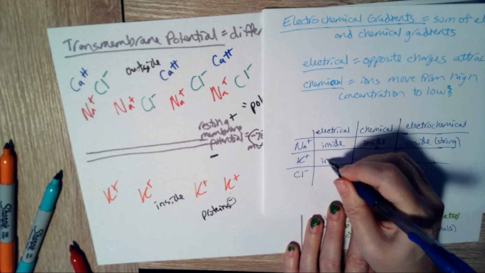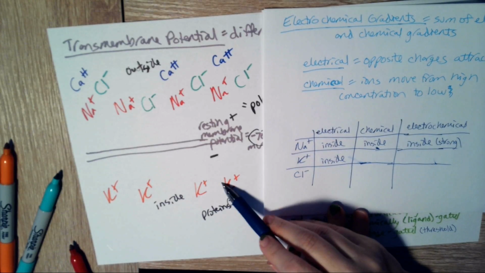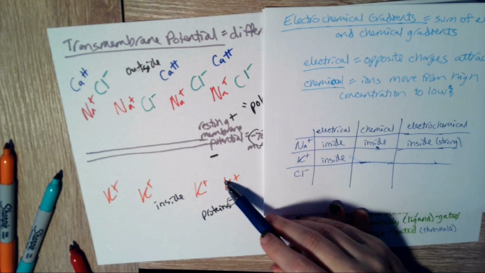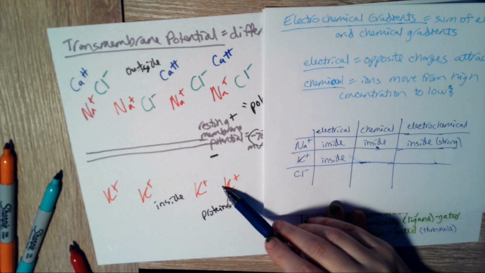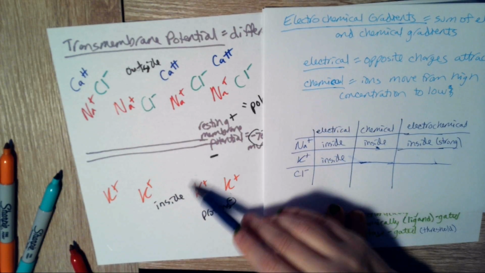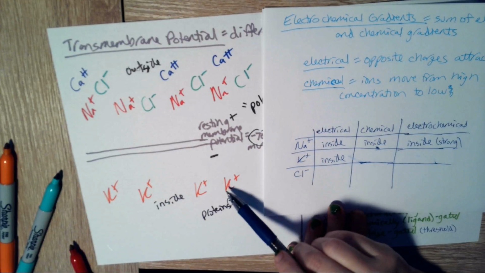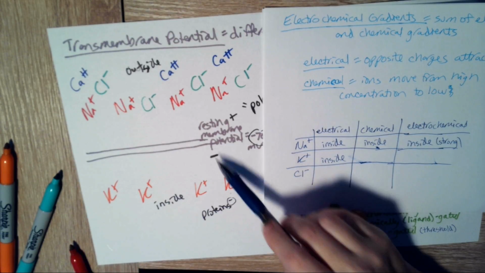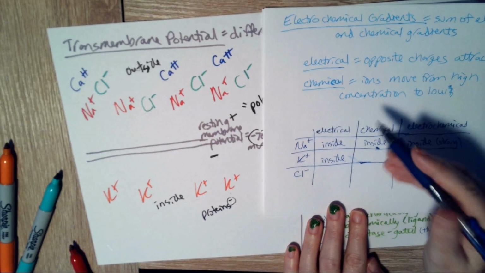So potassium wants to stay inside electrically. Chemically, though, where ions want to go from a high concentration to a low, potassium is in a high concentration inside the cell, low concentration outside the cell. So chemically speaking, potassium wants out. It wants to go from the high to the low. So outside.